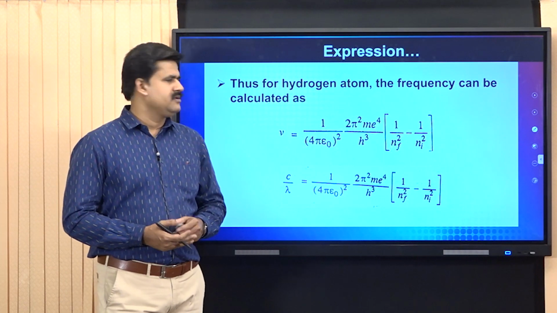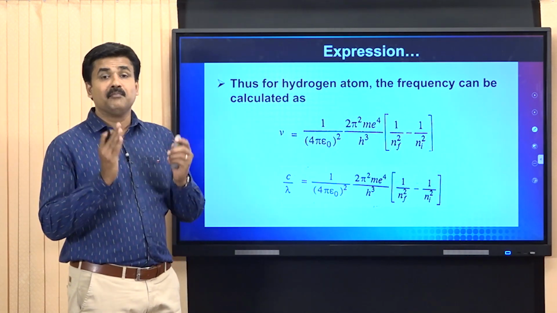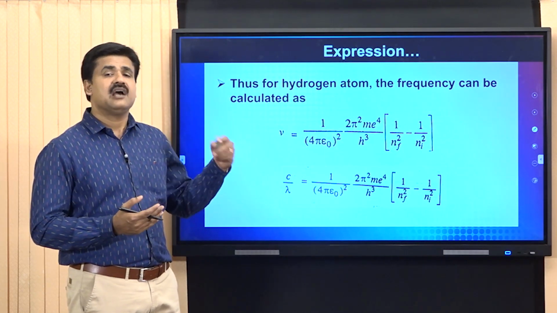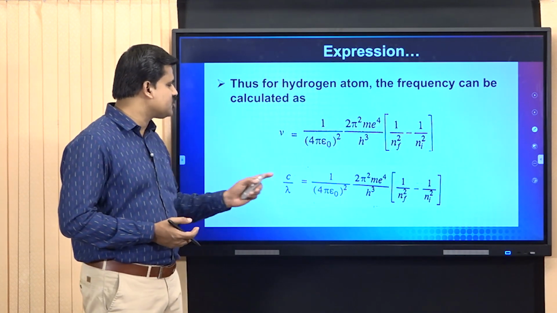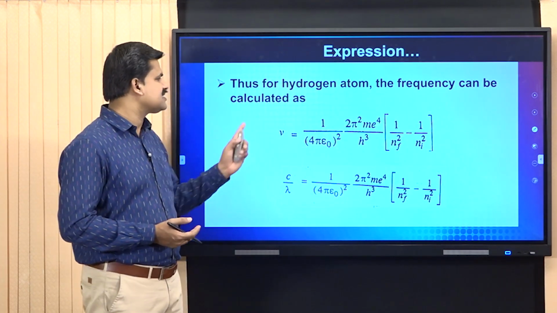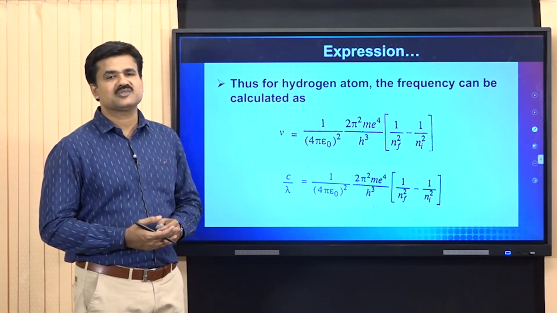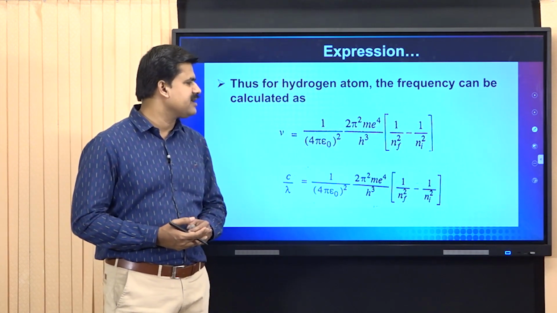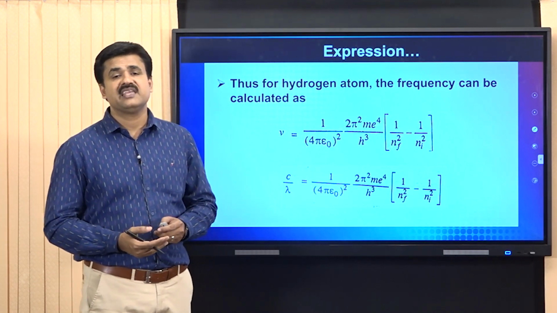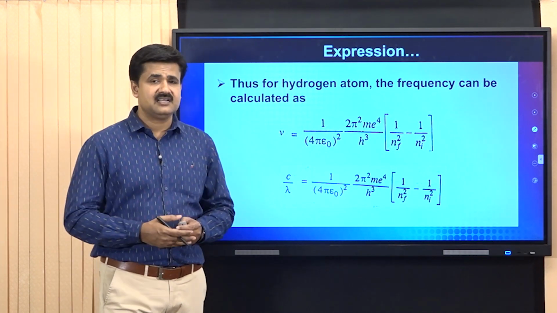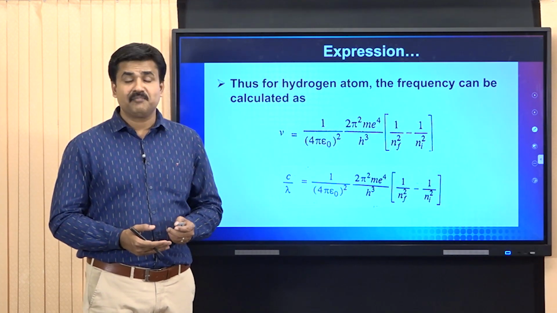We know that this equation is directly derived from the Bohr energy equation that we already learned. Nu is the frequency, which can be substituted by c by lambda, because nu is equal to c by lambda. Therefore, c by lambda equals 1 by 4 pi epsilon 0 squared multiplied with 2 pi squared m e raised to 4 by h cubed, again into 1 by nf squared minus 1 by ni squared. Here kindly note that ni and nf represent the initial and final number of the orbit.